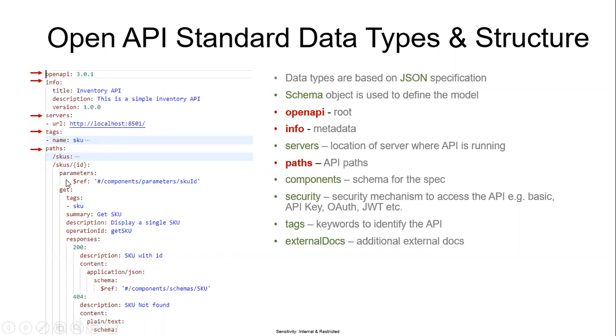Paths are basically to give that particular path and call that particular method and get a response. So GET SKU on a path, like slash SKU slash this particular ID, will give you the details of that particular item. You will get a response with the item details, which we will see how it is defined, or you will get an error.